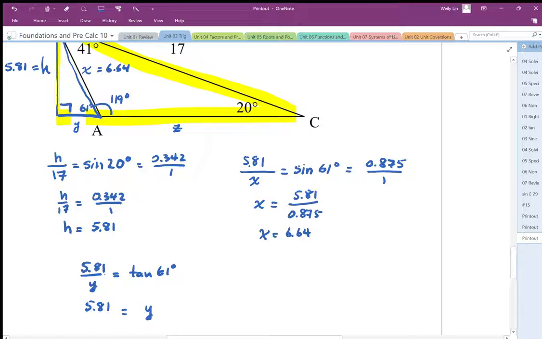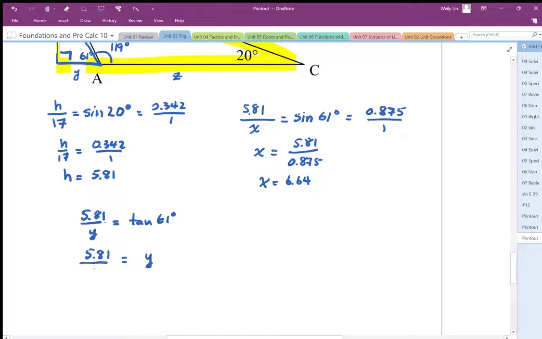So I get 5.81 divided by tan of 61 degrees. Using my calculator, that gives me a y value of 3.220, so I'm just going to round that to 3.22.